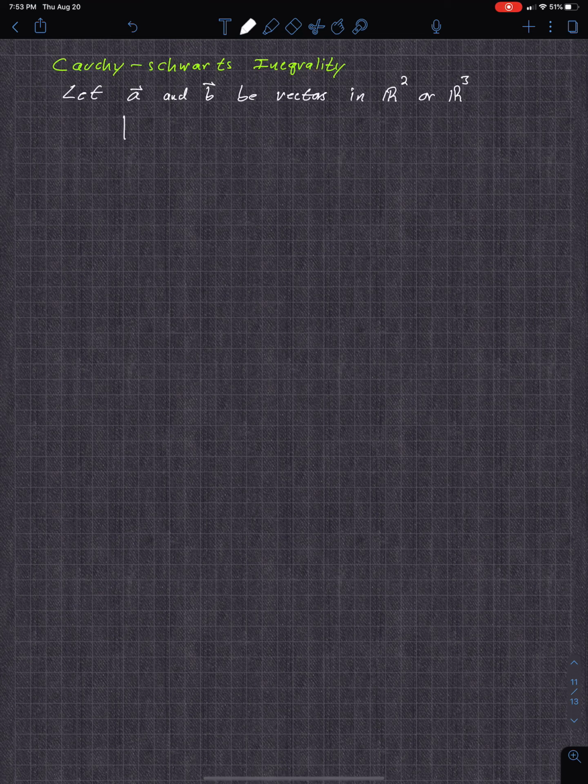Then the absolute value, because it's a scalar, of a dot product, so the absolute value of A dot B is less than or equal to magnitude A, magnitude B. All right, so now that we have the formula above that we spent that time proving, this inequality is relatively easy to show.